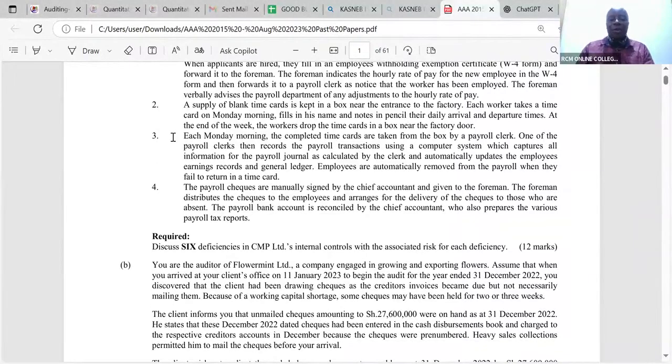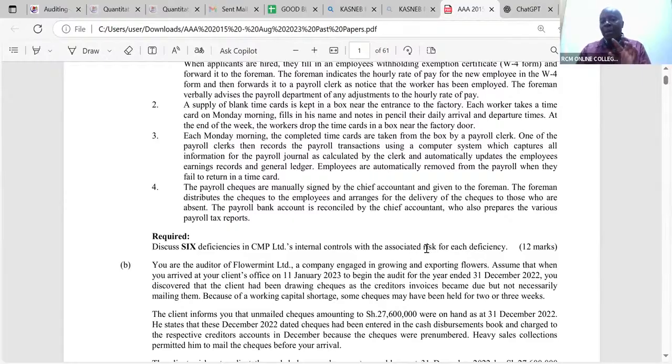So now here we are told, ladies and gentlemen, to discuss 6 deficiencies in CMP Limited's internal controls with the associated risk for each deficiency. So it means deficiency, that will be a mark, and the related risk, another mark. All right.